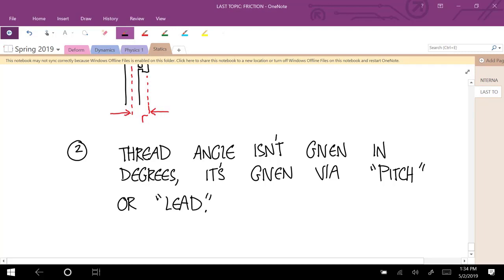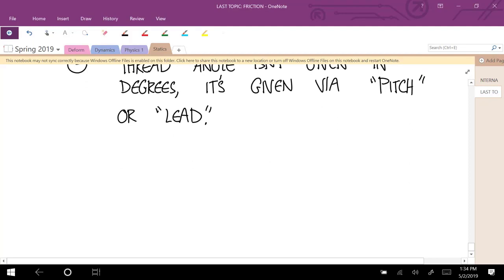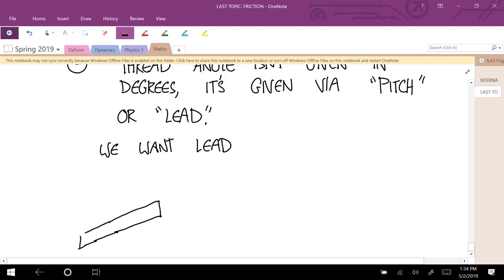Well, what's important to us is the lead, and here's what the lead means. Let me draw sort of an exaggerated, blown up view.